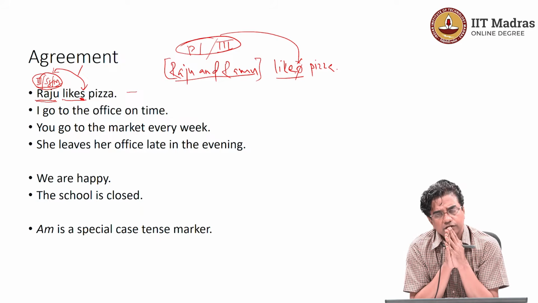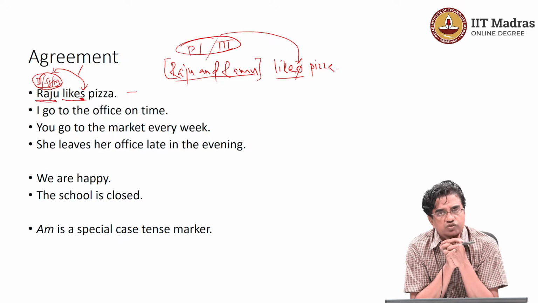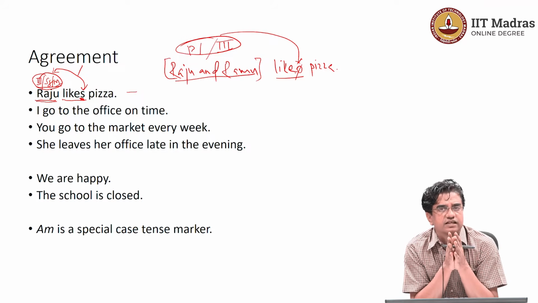The subject, we need to decide what the subject is in the sentence. And this sometimes is obvious and sometimes is not so obvious. When it is not so obvious, it becomes a sort of cognitively complex exercise for the human mind.